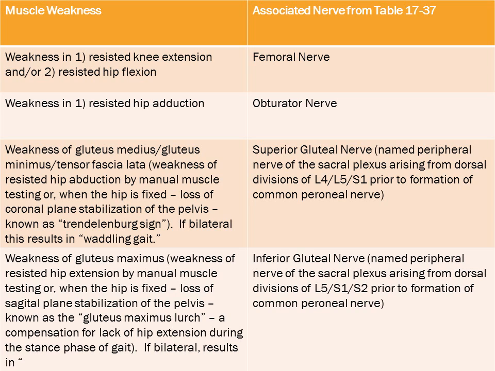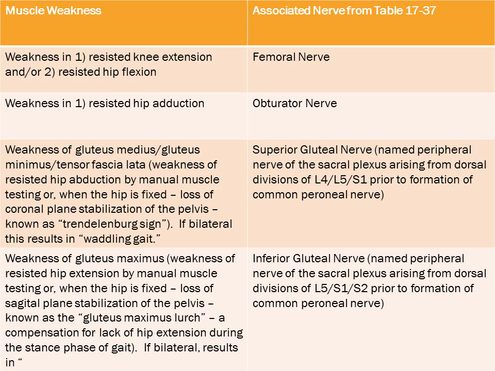If you have weakness of resisted hip abduction by manual muscle testing, that's associated with weakness of the gluteus medius muscles, the gluteus minimus muscle, and the tensor fascia lata muscles, which are associated with the superior gluteal nerve. Now, another sign of injury or damage to the superior gluteal nerve is what's known as a Trendelenburg sign.